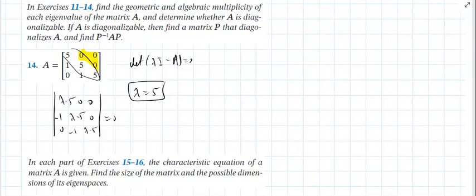Now we have a problem. If I substitute lambda equal 5 in there, the most I can get is 2 vectors. I need them to be 3, right? So the geometric multiplicity here is that I have lambda equal 5.